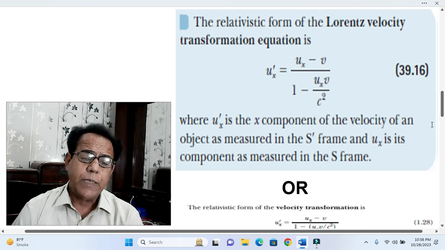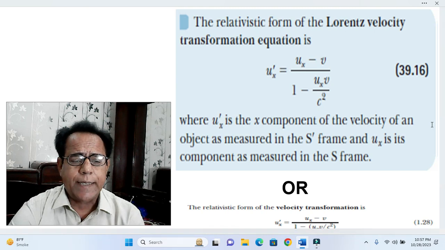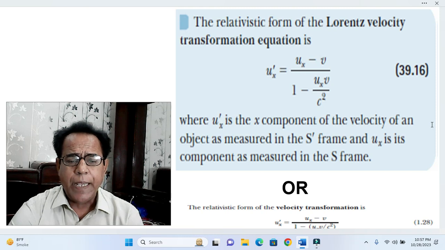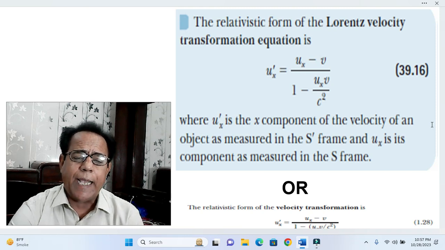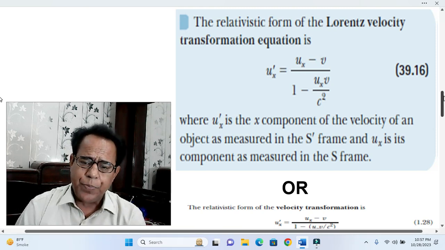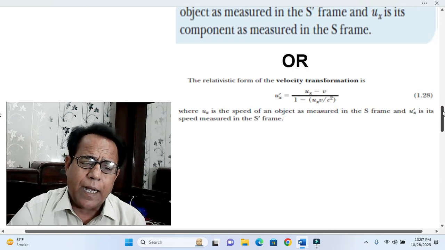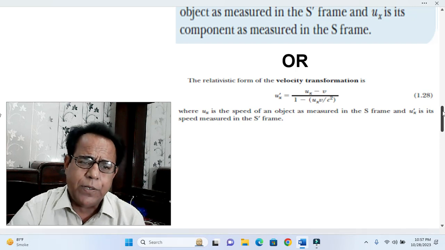Here u dash x is the x component of the velocity of an object as measured in the s dash frame, and ux is its component as measured in the s frame. Two inertial frames.